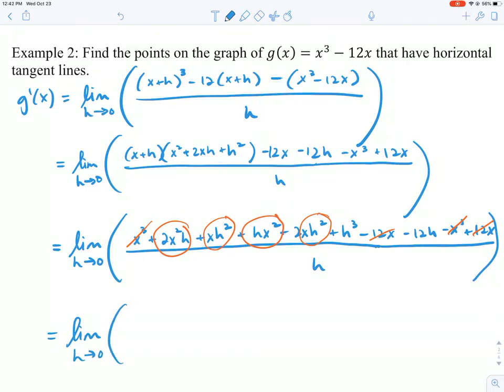That's going to be 3x squared times h, plus 3x times h squared, and then we still have the plus h cubed minus 12h. Holy moly, all over h.